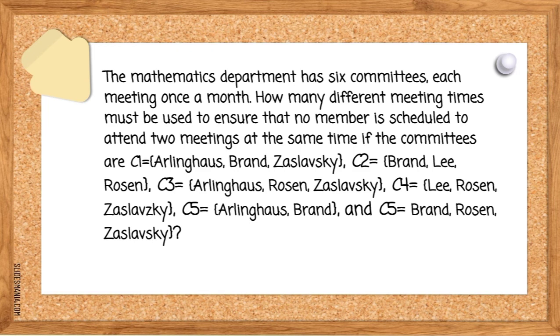C2, we have Brand, Lee, Rosen. For C3, Arlinghouse, Rosen, Zaslavsky. For C4, we have Lee, Rosen, and Zaslavsky. For C5, we have Arlinghouse and Brand. And for C6, we have Brand, Rosen, and Zaslavsky.